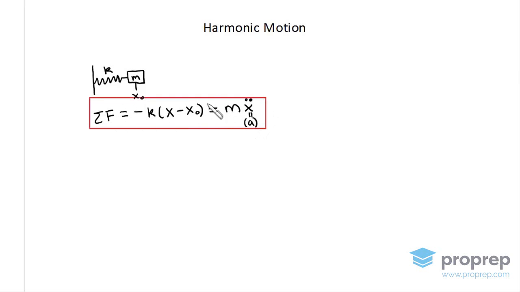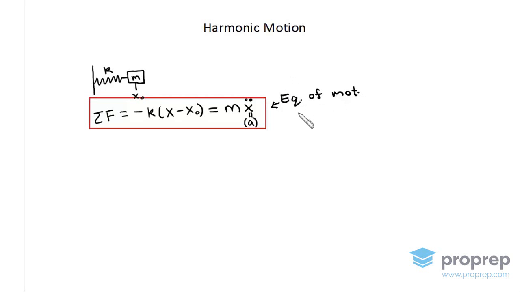So this equation is the equation for harmonic motion. It's very important. Please write this down. Another name for this equation, or the type of this equation, is that it's an equation of motion. So equation of motion.